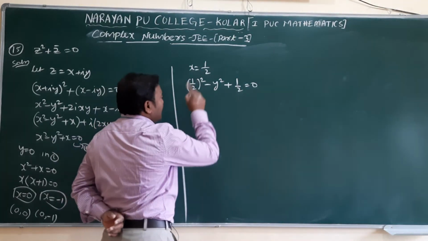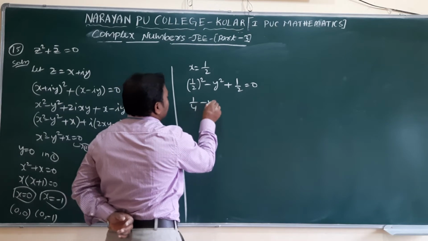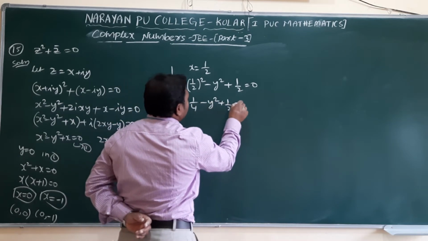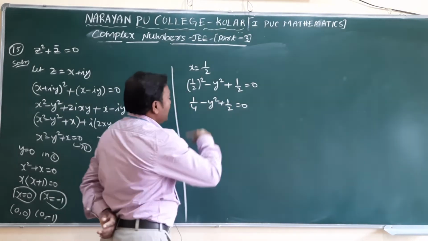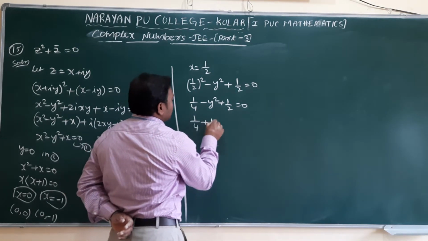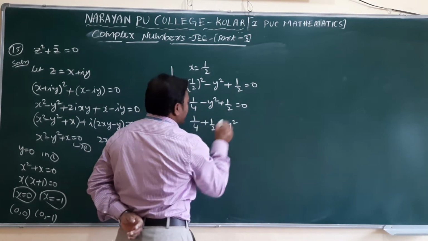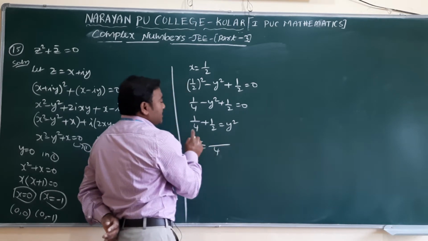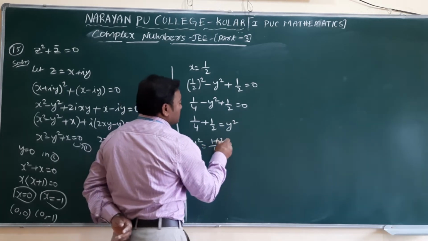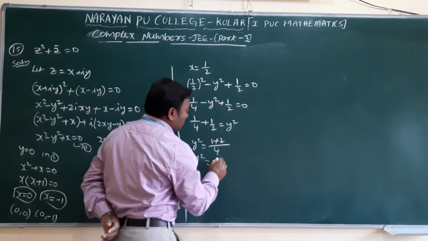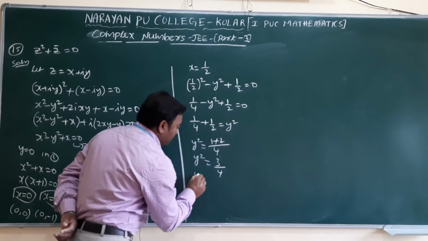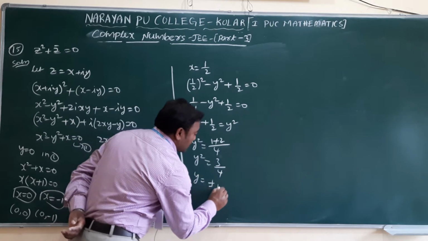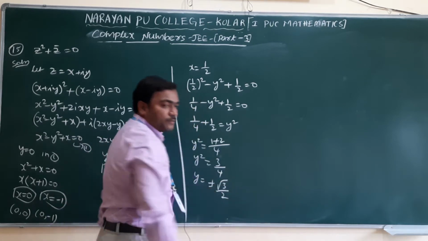Here 1 by 2 whole square is 1 by 4, minus y square plus 1 by 2 is equal to 0. So 1 by 4 plus 1 by 2 is equal to y square. Taking LCM 4, remaining 1 plus 2, so y square is equal to 3 by 4. So y is equal to plus or minus root 3 by 2.